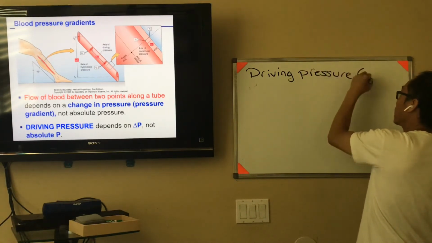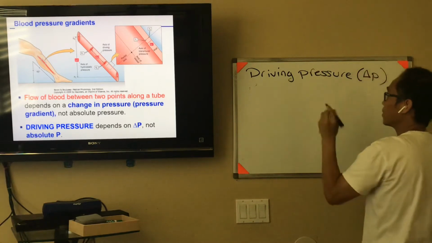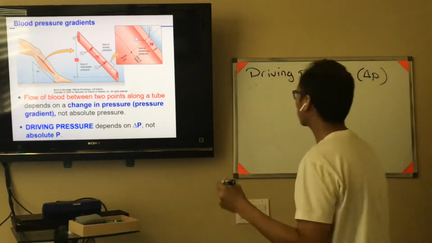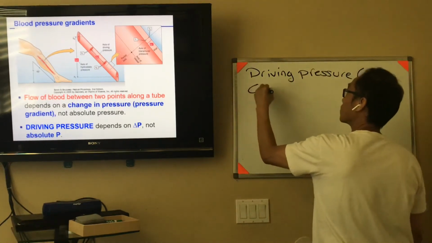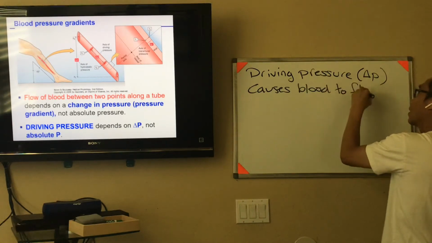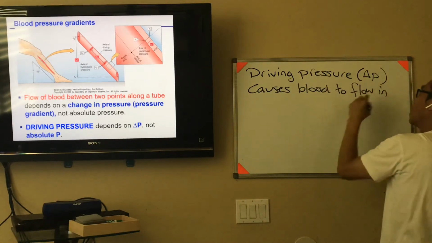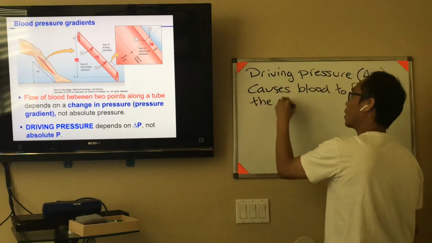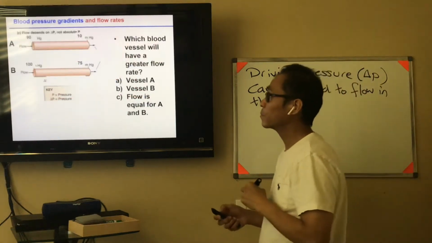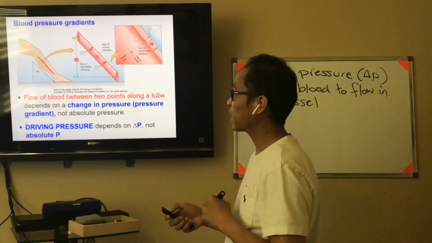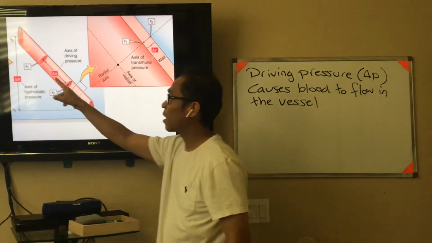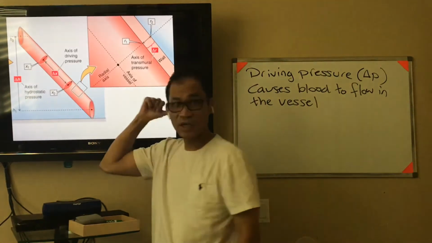On the figure, it's the delta P. This is the pressure that causes blood to flow in the blood vessel. Sorry, let's look at this again. I'm sorry, it's not delta P, it's delta X. Let me change my note here.